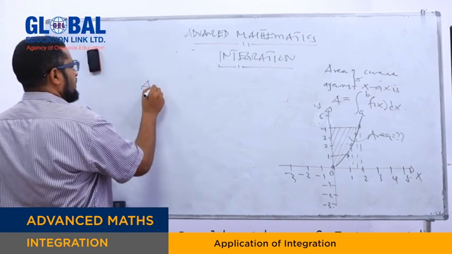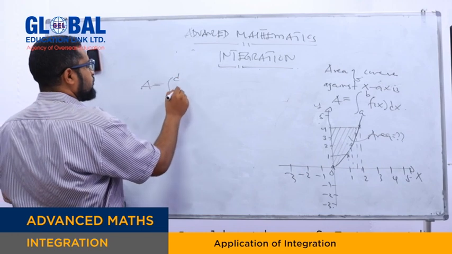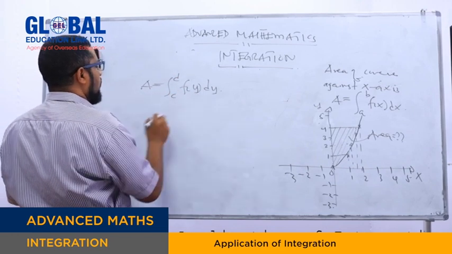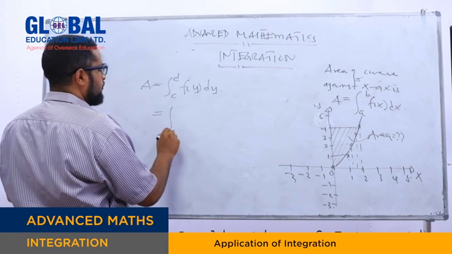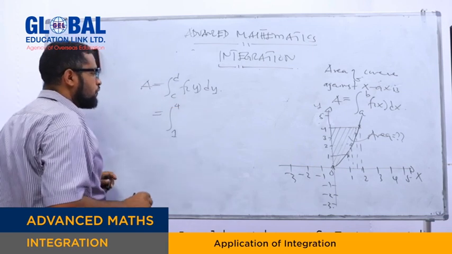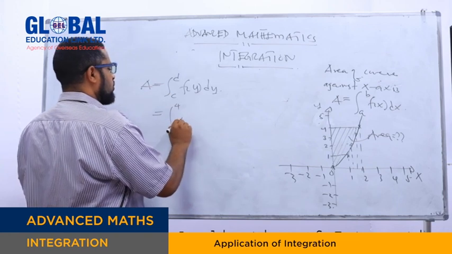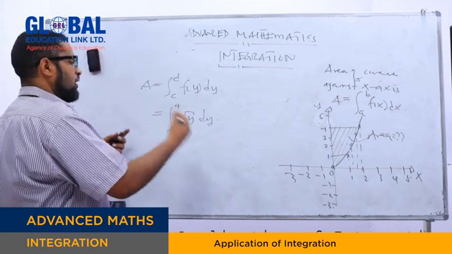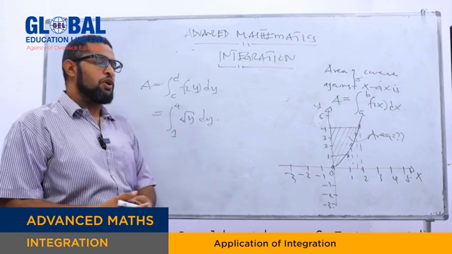Our formula is given by A, the integral from c to d of f of y dy. So it is from 1 up to 4. Our function was root of y dy. So let's integrate root of y and see what we are going to get.